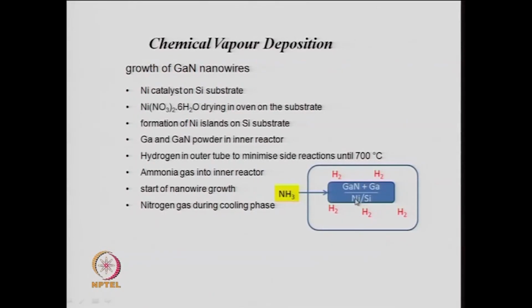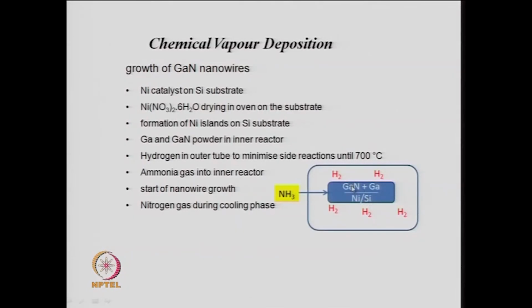Then you add gallium and gallium nitride powder. You are trying to make gallium nitride nanowires, and you start with a mixture of gallium and gallium nitride powder, and you put it in the reactor in which you have nickel catalyst on top of a silicon substrate.